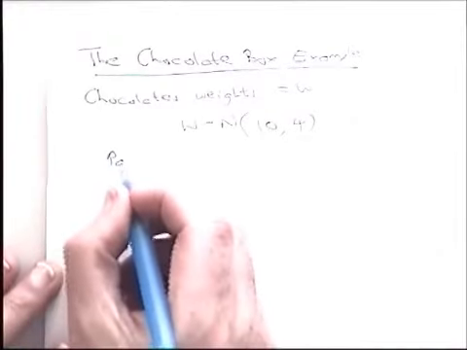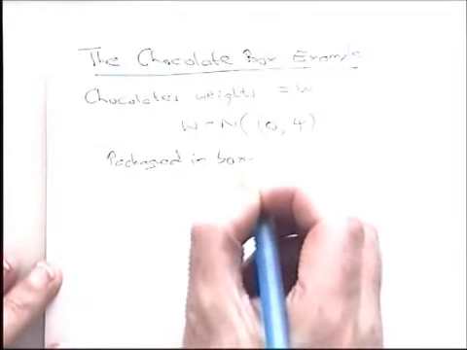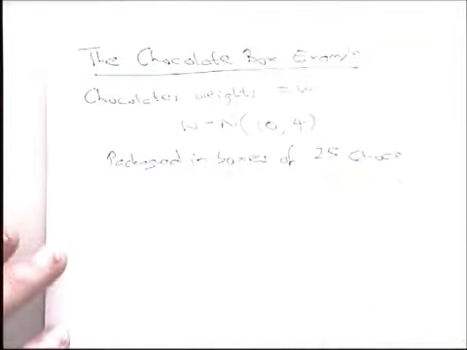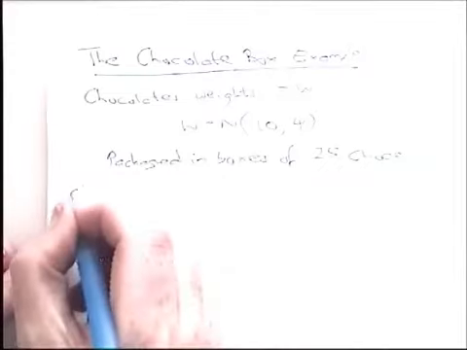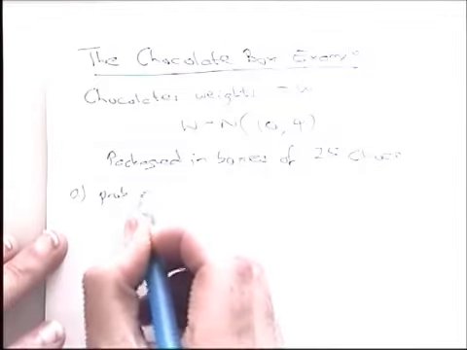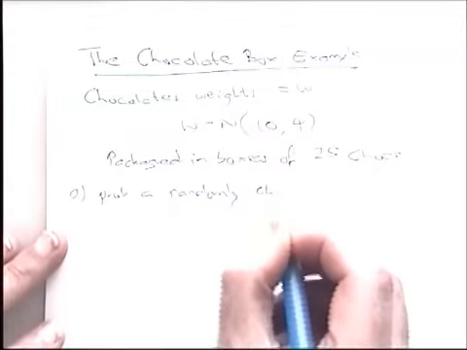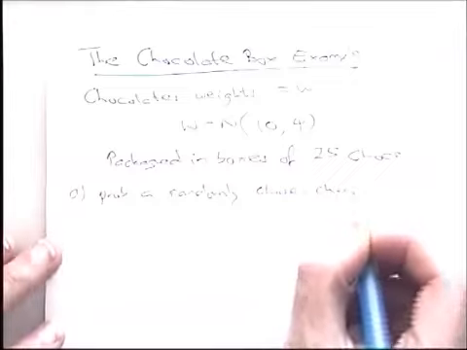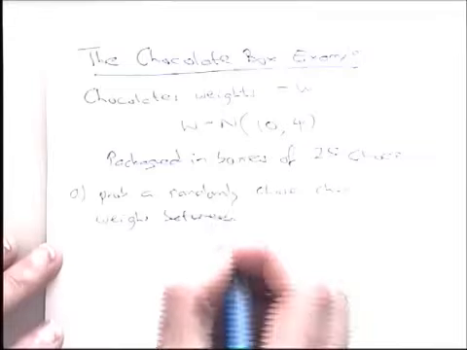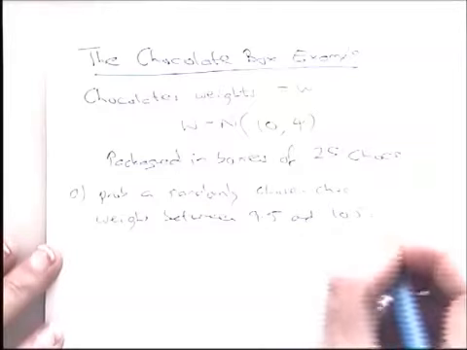And they are packaged in boxes of 25 chocolates. And we have 3 parts to this question. Part A is to find the probability a randomly chosen chocolate weighs between 9.5 and 10.5 grams.